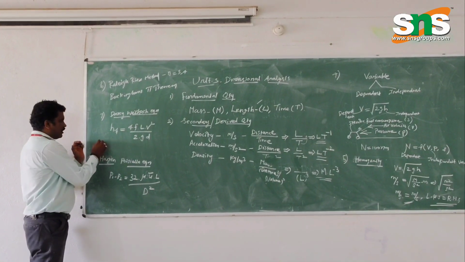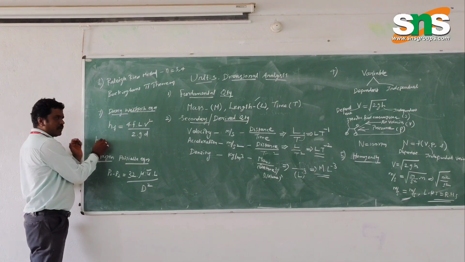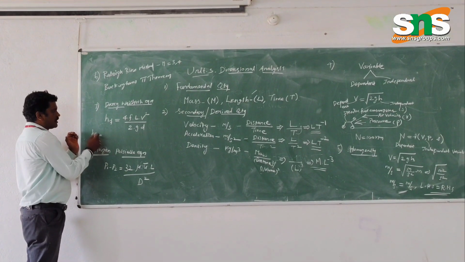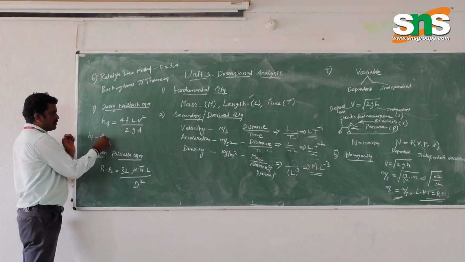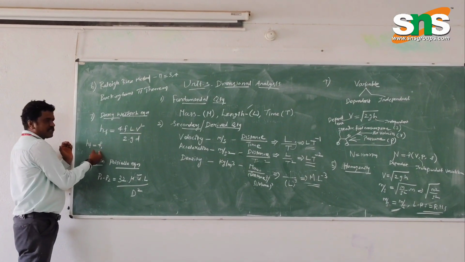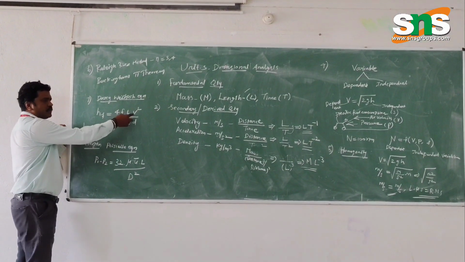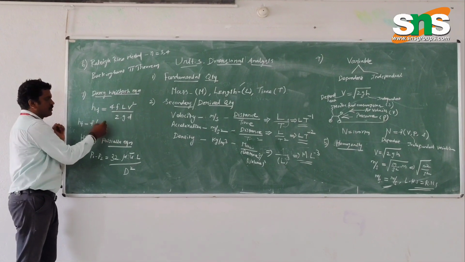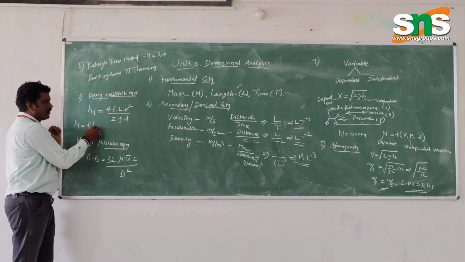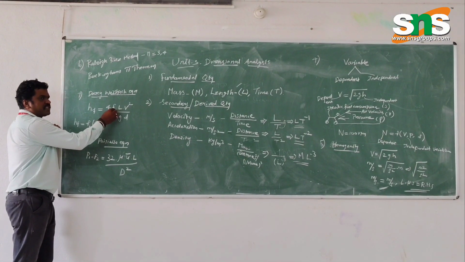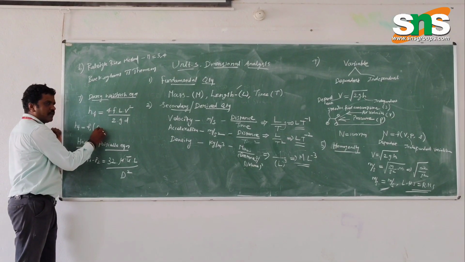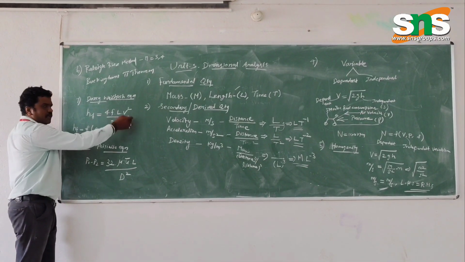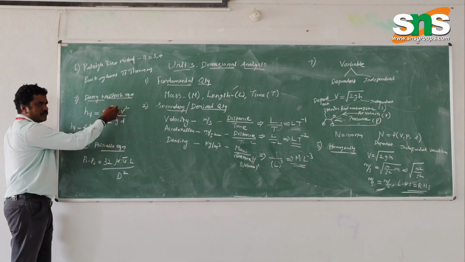So HF is one of the quantities. What is it related to? What are the variables in this equation? We need to write them here. The first one is the friction factor f, which is also a variable.